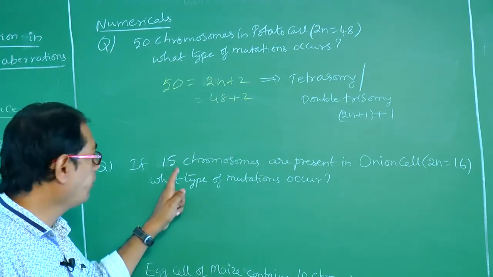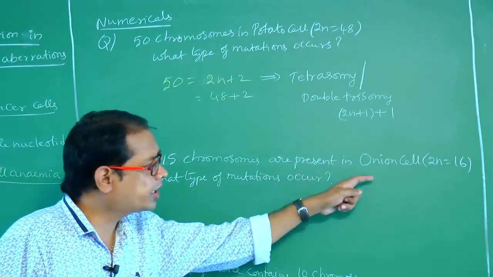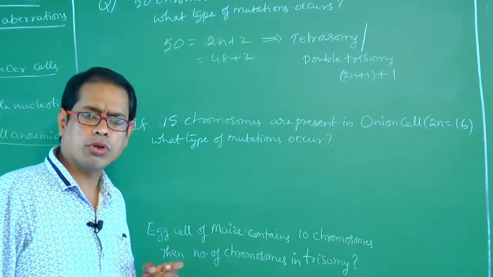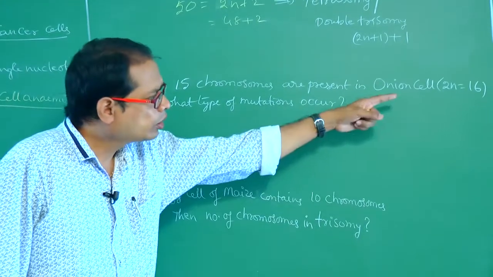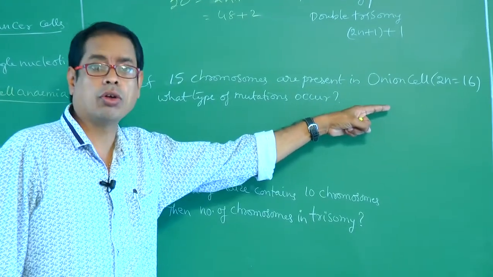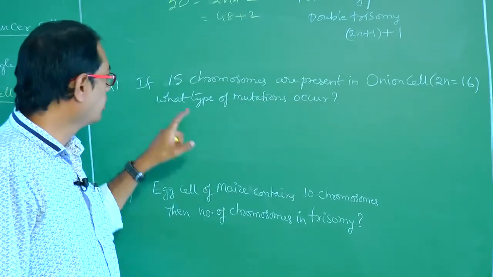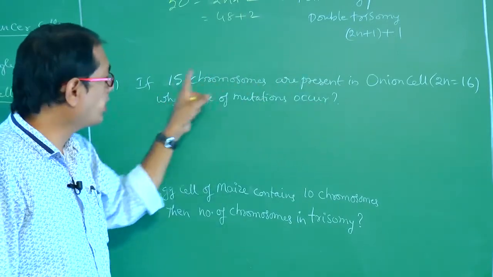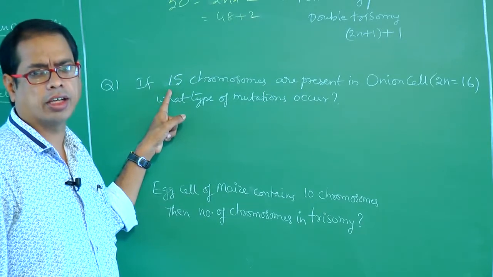Next question. 15 chromosomes are present in an onion cell. In onion, the number of chromosomes in diploid condition, 2n, is equal to 16. This number also you have to know. Right. 16 chromosomes become 15. Like that you have to think.